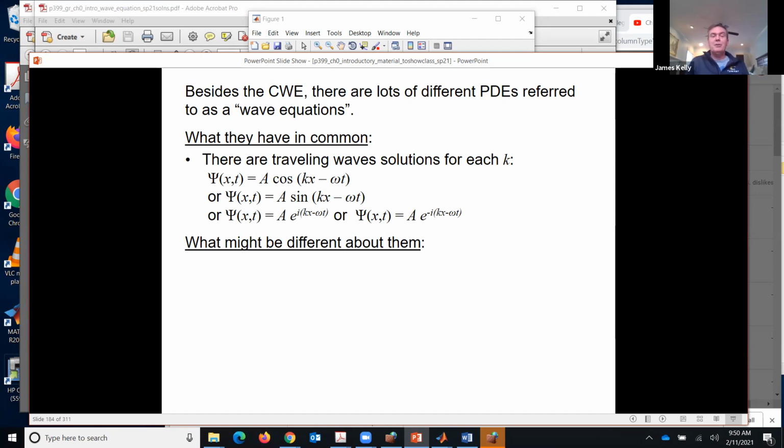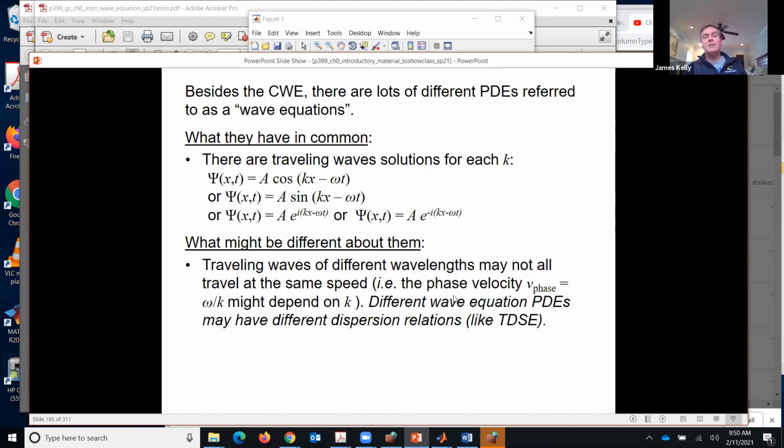Each wave number is equivalent to a wavelength. So if I can find a solution of this form for each k, one of these complex exponential traveling waves, we would tend to call that particular PDE a wave equation. That's what they're going to have in common if we give the label wave equation to them.